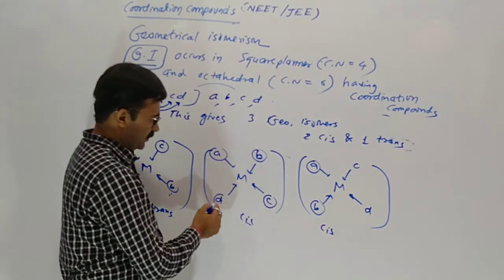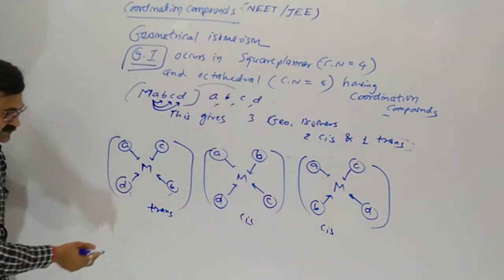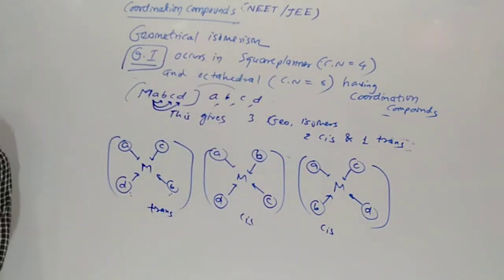Here C and D close, here C and D close. On the basis of it, one of them is a trans and two are cis. Clear? This type of isomerism occurs.